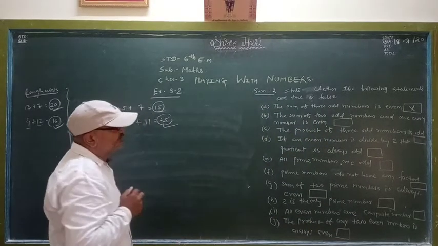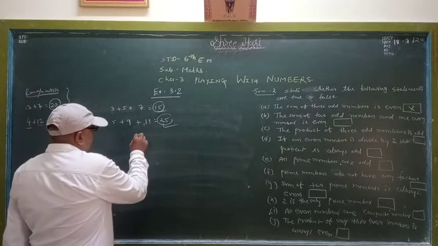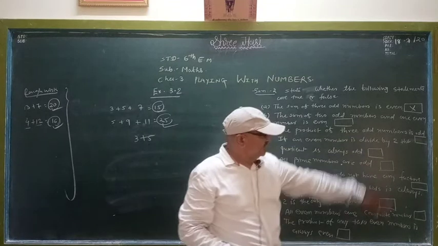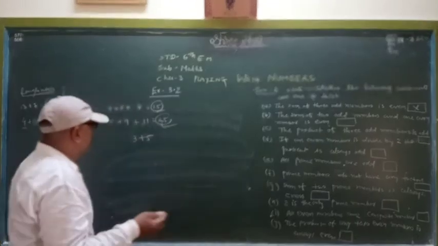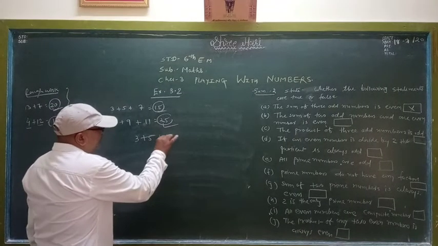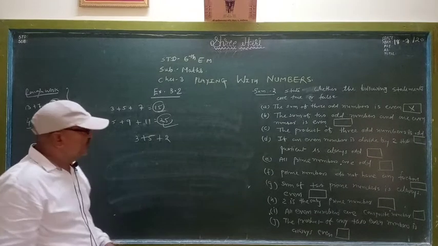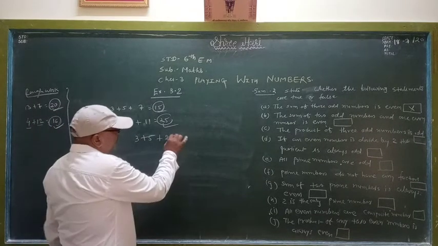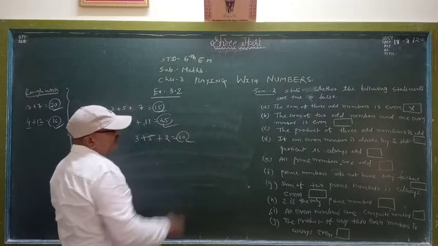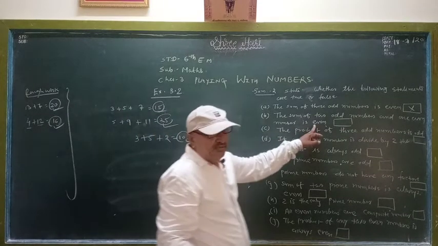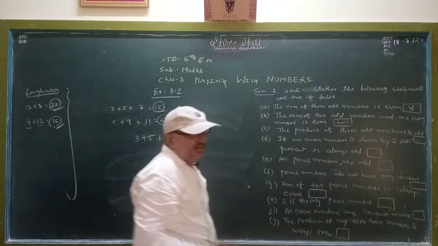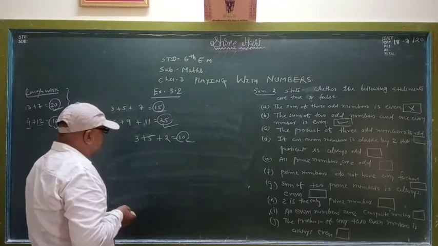First we take two odd numbers, 3 and 5, both are odd. The sum of two odd numbers and one even. 2 is even. Add 2. What is the answer? 5 plus 3, 8. 8 plus 2, 10. 10 is even. So it is true.